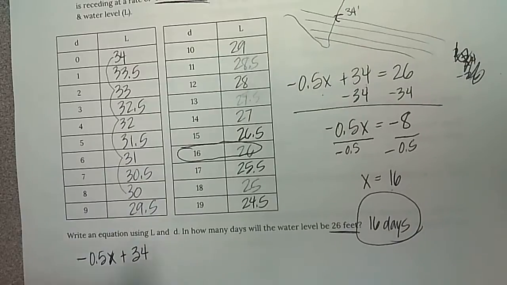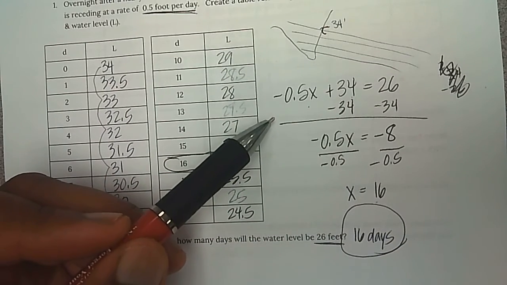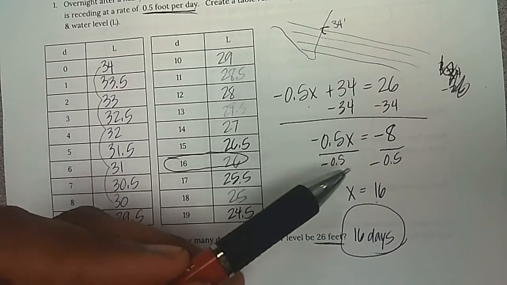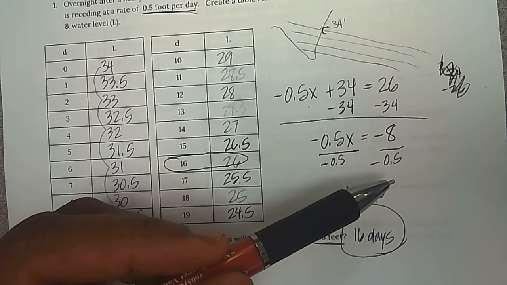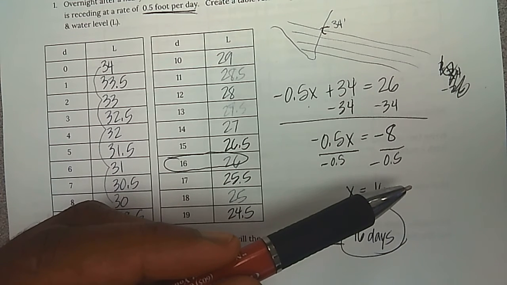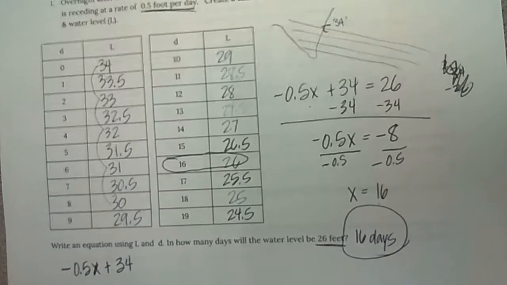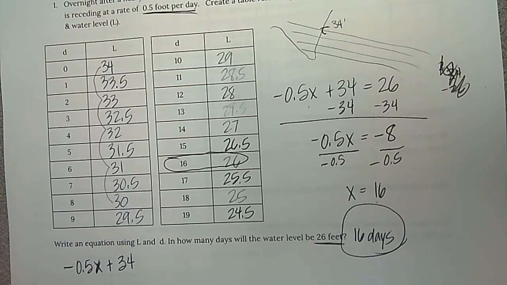Because think about it, if this is going down half a foot every day, at some point I'm going to get to 0. That water level doesn't make sense as a negative. We're not measuring droughts.